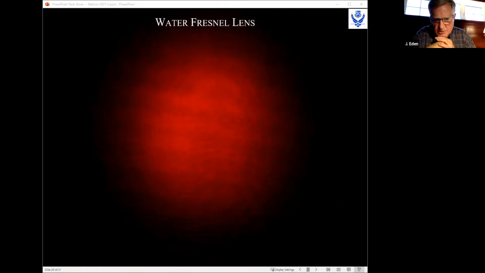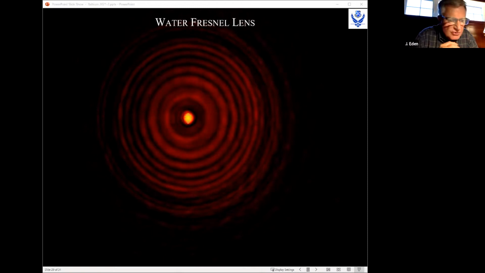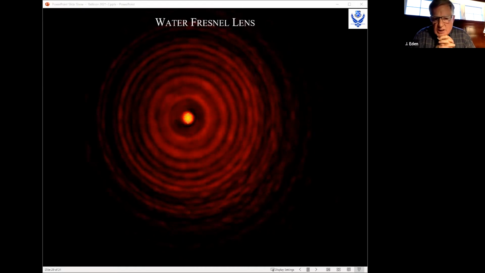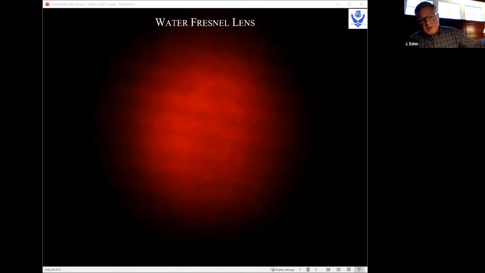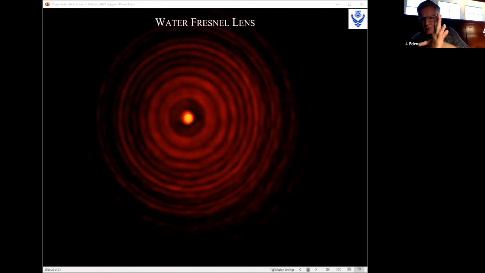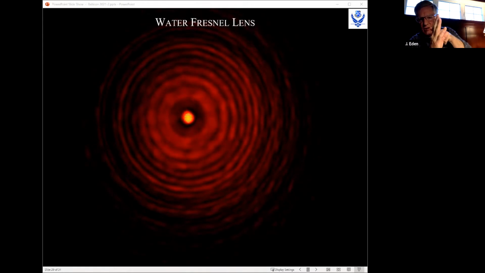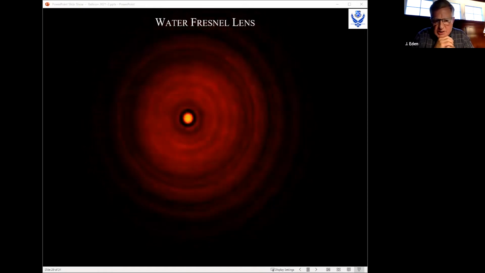So what are we doing here? We have this Fresnel structure, and there's nothing on it initially, but a laser beam is being directed onto the back surface. And then periodically, one of my graduate students is just breathing onto the other surface. You can tell that when he breathes, you get this.